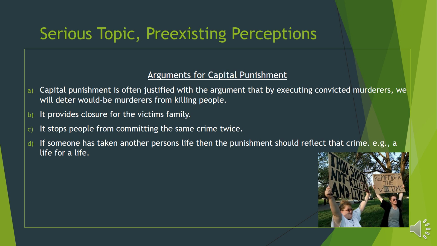Matthew Shepard's family, for example, and that may have led to the offender not being executed or not being given the death penalty. And the deterrence effect has also been greatly devalued through empirical evidence.